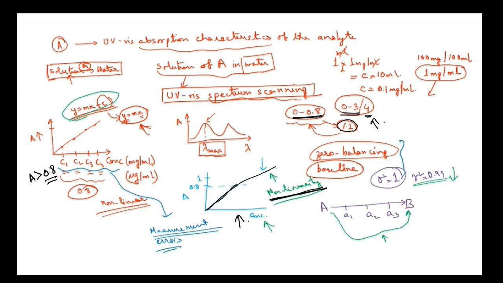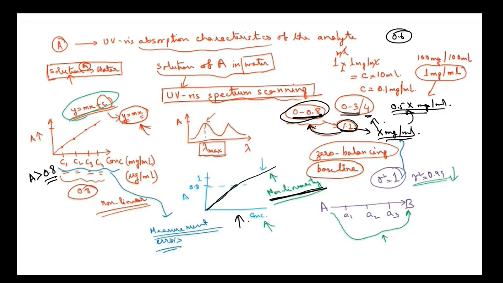Now what happens if you get a value of say 1? In that case, you need to dilute the solution. Whatever solution you have got, say x mg per ml, you have to dilute this to, say, 0.5x mg per ml. This is just an example. Here I am getting a value of 1.2. If I dilute it by 50%, I should get 0.6, which is in this range of 0 to 0.8.